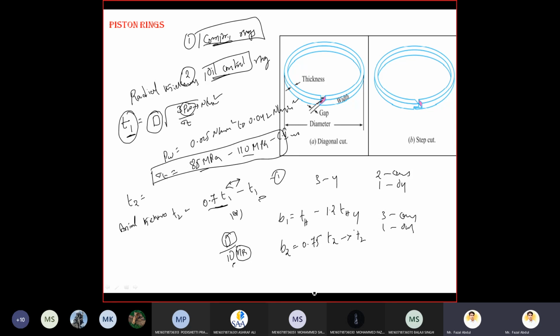The depth of the ring groove should be more than the depth of the rings, so that the ring does not take any piston side thrust.